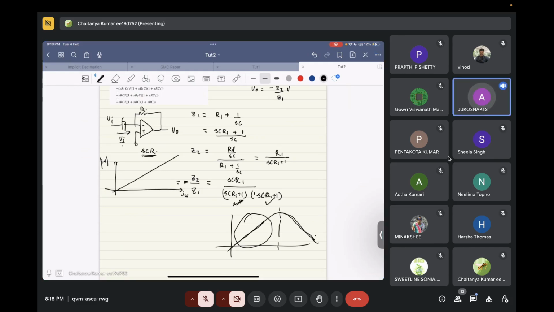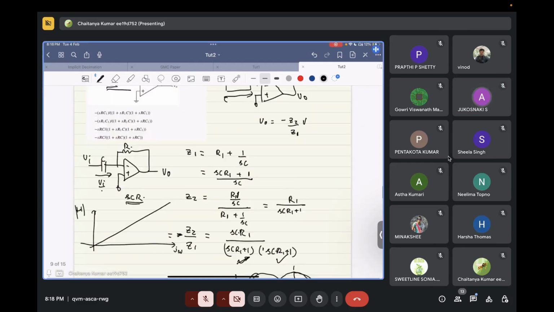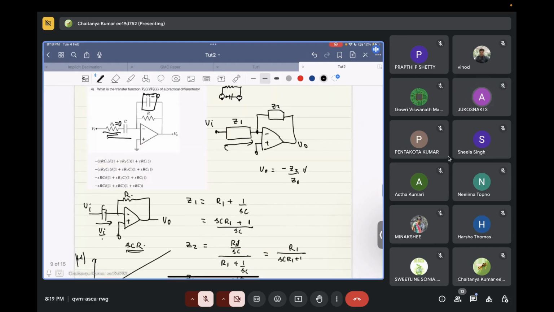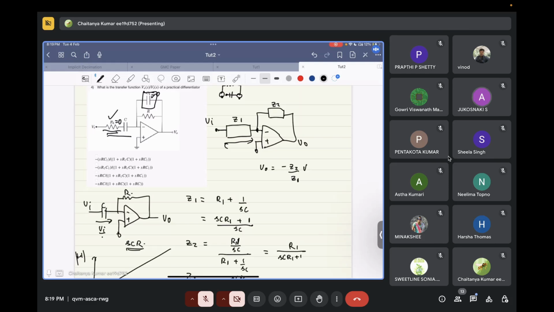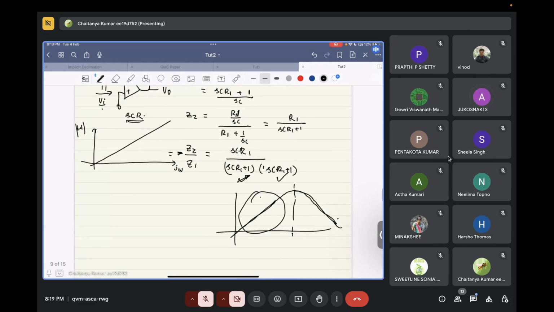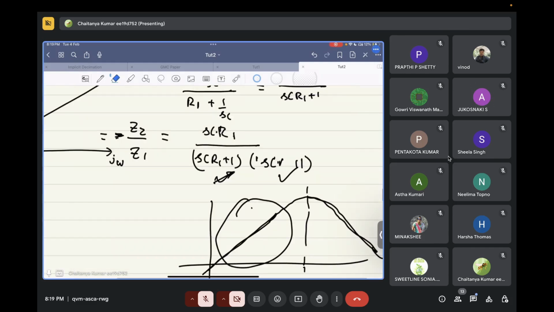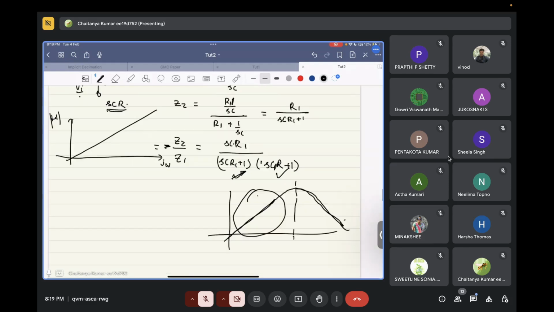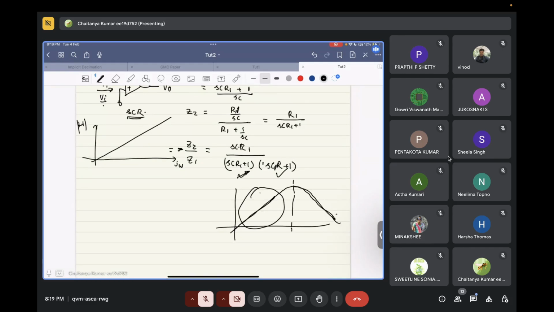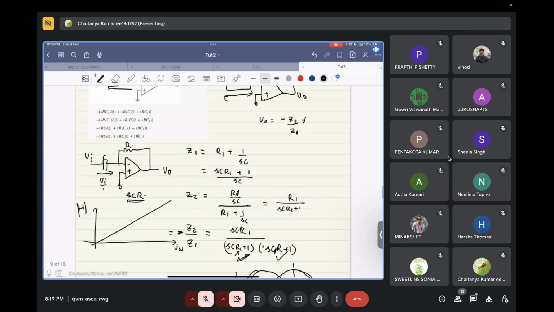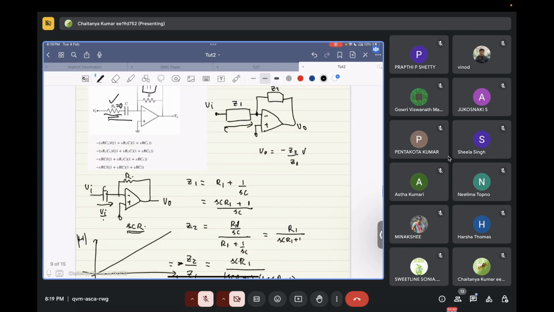Sir, why will it be high at low frequency? So these resistances and capacitances are parasitics. So the poles from R1 times C, or C times R1, will be at very high frequencies, because this resistance is some series resistance of the wire of the capacitor, right?